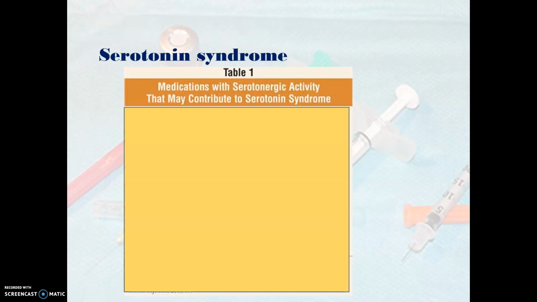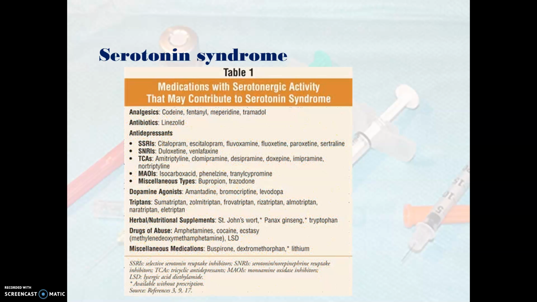There are lots of interactions with SSRIs that may contribute to serotonin syndrome. I'd like you to pause the video and see if you could think of some of them. Again, it's the kind of thing that can come up in exams.